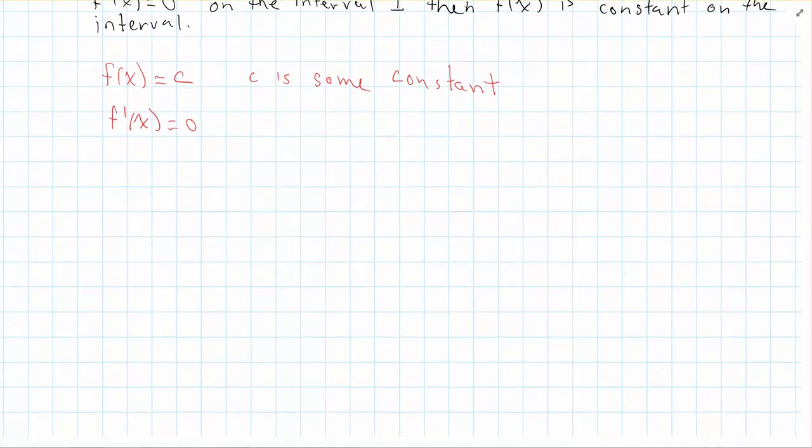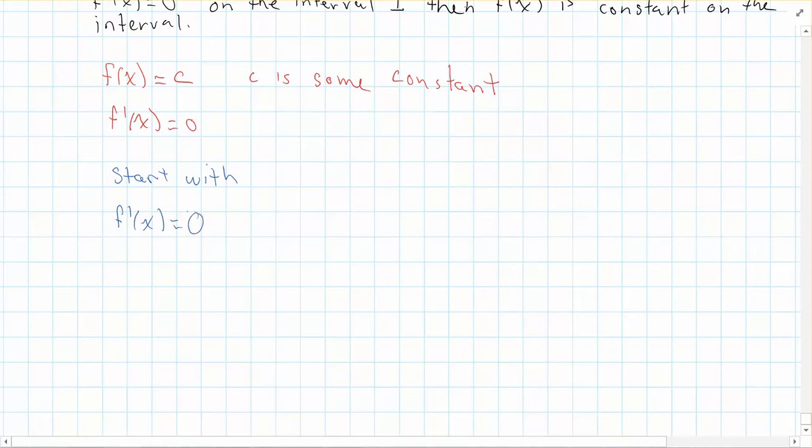It's stating that first we start with f prime of x equaling 0, then we conclude that f of x has to be some constant.